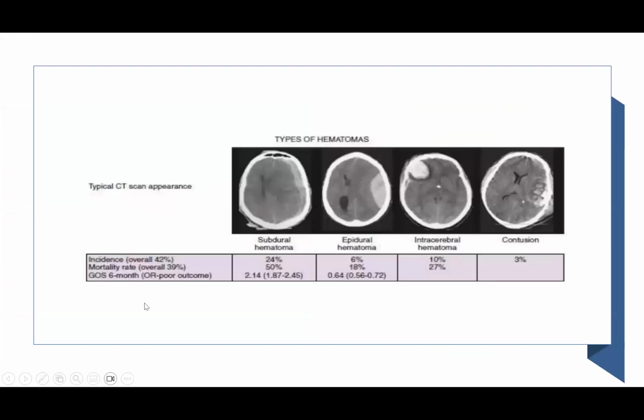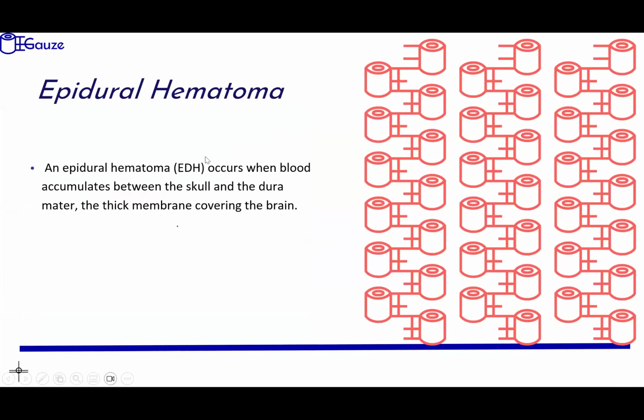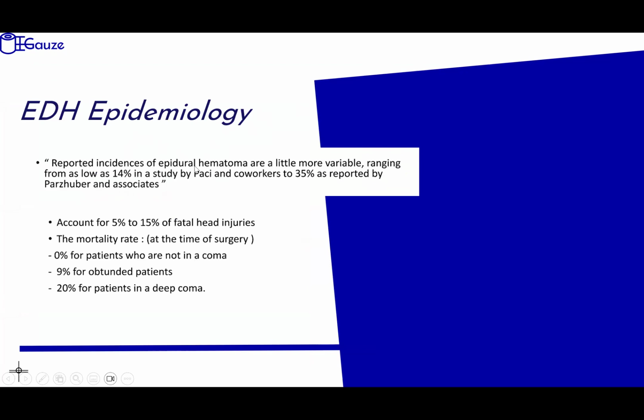Again, here are the types of traumatic hematoma: subdural hematoma, epidural hematoma, the intracerebral hematoma, and contusions. It depends on the mechanism of injury, basically. So the first thing is the epidural hematoma, which occurs when blood accumulates between the skull and the dura mater, which is the thick membrane covering the brain.